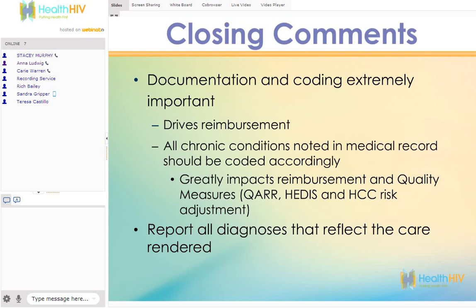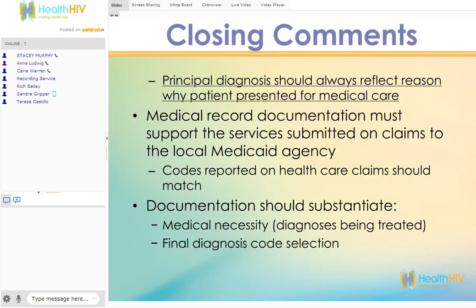Report all of the diagnoses that reflect the care that was rendered. Specifically for your Medicare population, when they come in at the beginning of the year, even though they're an established patient in your practice, it's very important that you go back and re-document all of the conditions that you were managing the prior year, because what CMS does for your Medicare patients is they wipe the slate clean of all of their diagnoses.